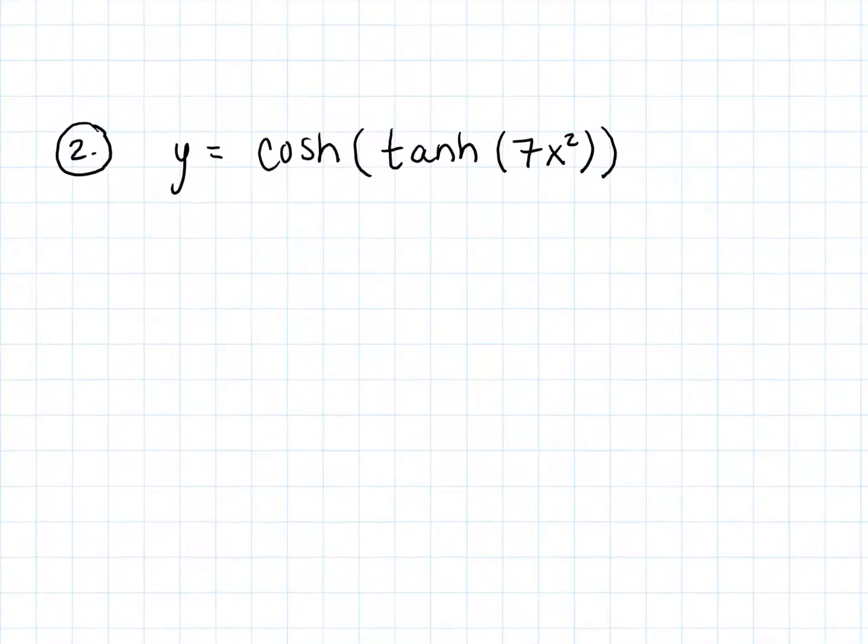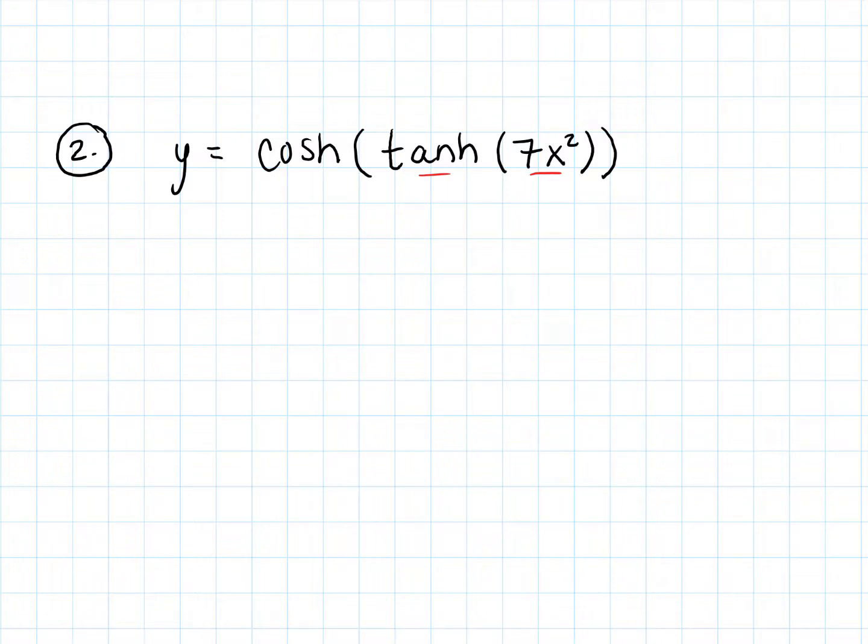All right, let's do another one. Let's do one where we've got some nesting happening. We've got repeated chain rule here because we have 7x squared inside of a hyperbolic tangent, all of that inside of a hyperbolic cosine. So we'll have to peel away the layers. We want to work our way through that, taking the derivative.